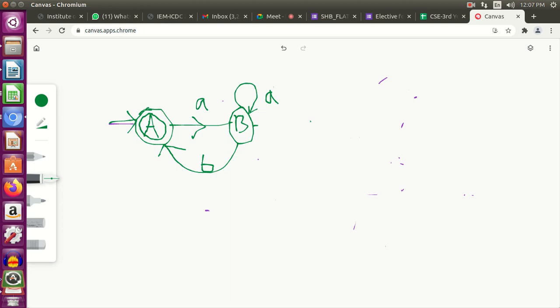If we get a B, it will be in B only. No, that you cannot say because, see Rohit, the question says that it will start with A and end with B. And if we get a B from A, go to some trap state. Now let me check whether it's satisfying. Fine, I start at A, I get A, then I get any number of A's, not an issue. I get a B, I end over here.